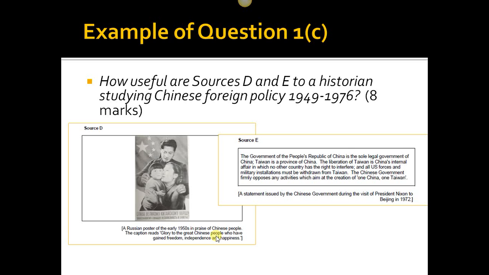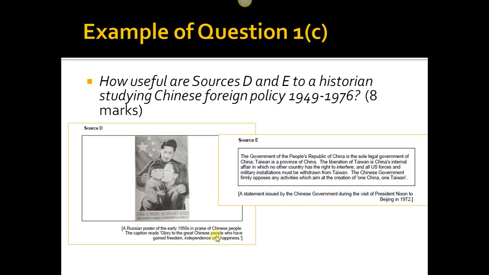The liberation of Taiwan is China's internal affair, in which no other country has the right to interfere, and all US forces and military installations must be withdrawn from Taiwan. The Chinese government firmly opposes any activities which aim at the creation of one China, one Taiwan. This was a statement that was issued by the Chinese government during the visit of President Nixon to Beijing in 1972.